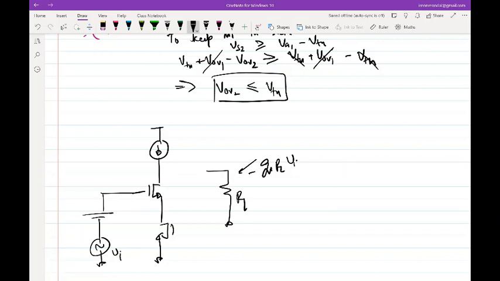What can I do? So this is how it was connected. Okay, so forget about GM times RL times VI. Let's say that I have this VI. What will be the incremental current through the stack?